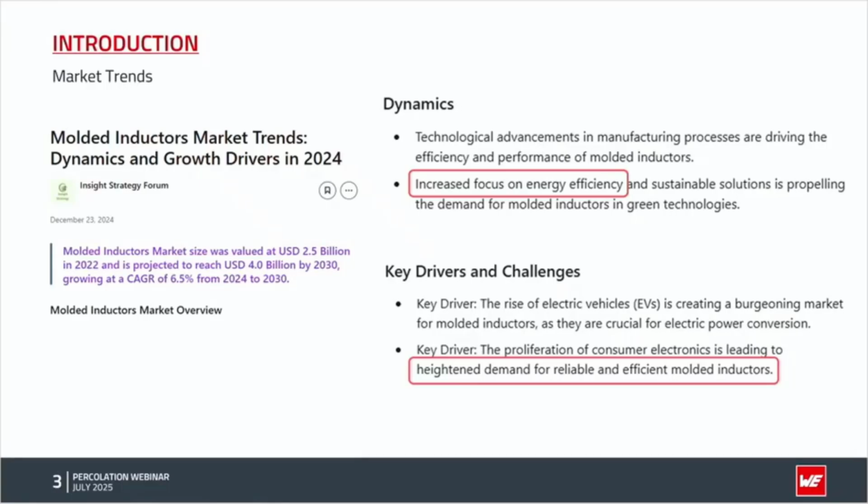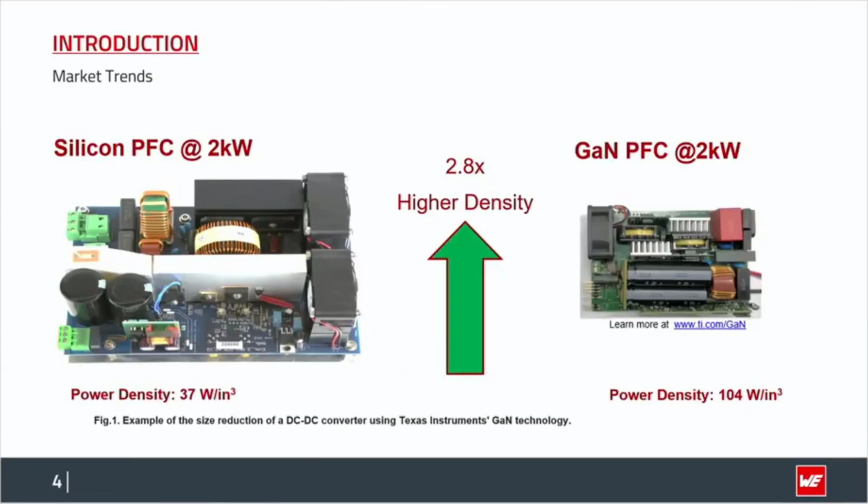So there is a strong trend in the market, but the open question is how will these molded power inductors perform when we want to jump, for example, to designs like this: silicon-based 2 kilowatts versus one using GaN technologies, same amount of power but 2.8 times shorter.